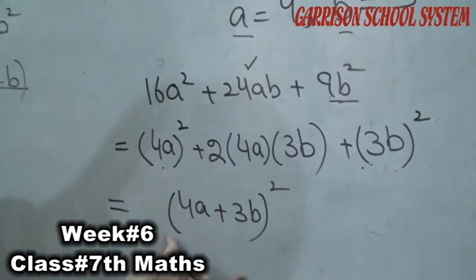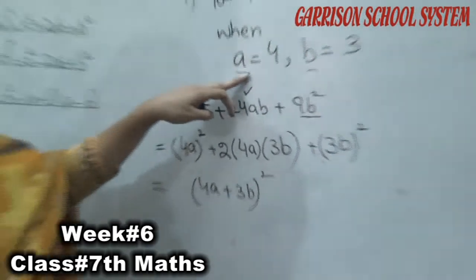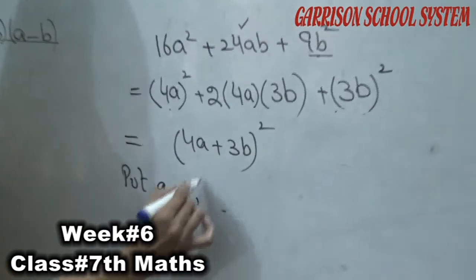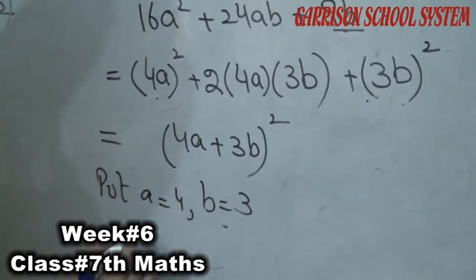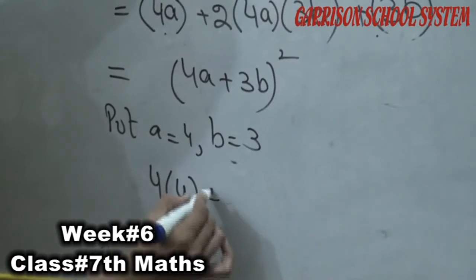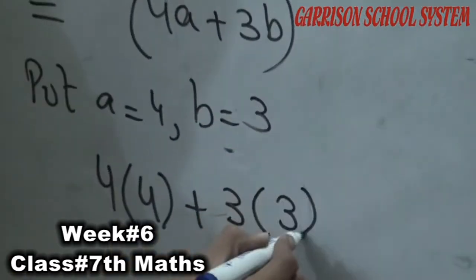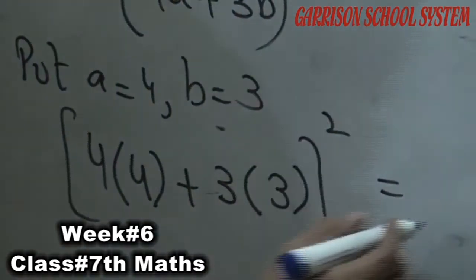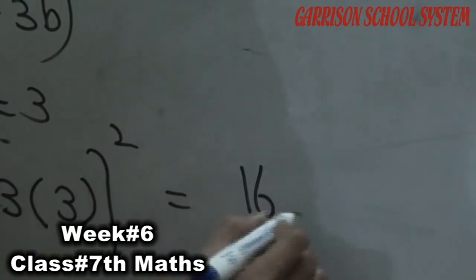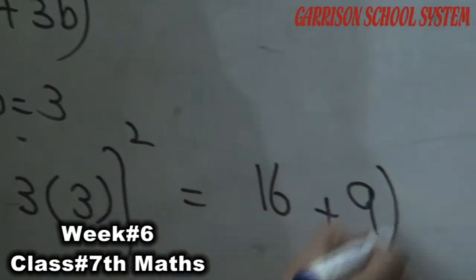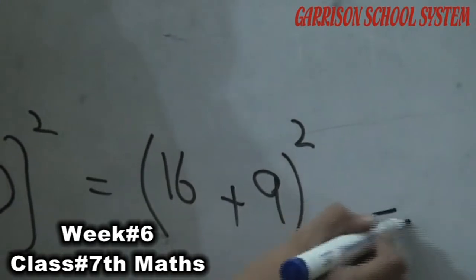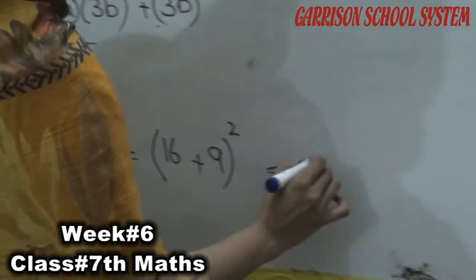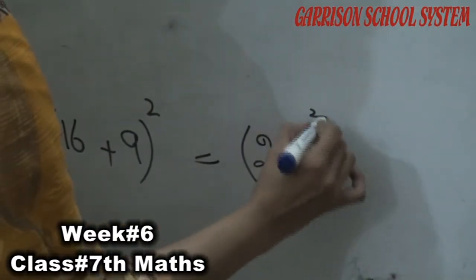This is the closed form. Now I will put the values of a and b. Put a is equal to 4 and b is equal to 3. 4 into 4, plus 3 into 3, whole square. 4 4s are 16 plus 3 3s are 9 whole square. 16 plus 9, 25 whole square.